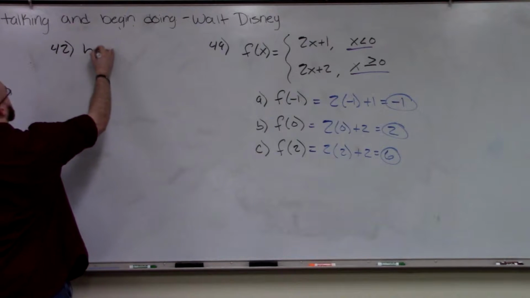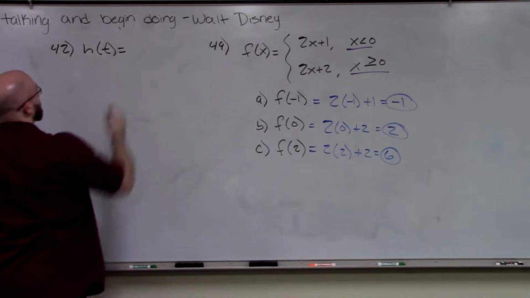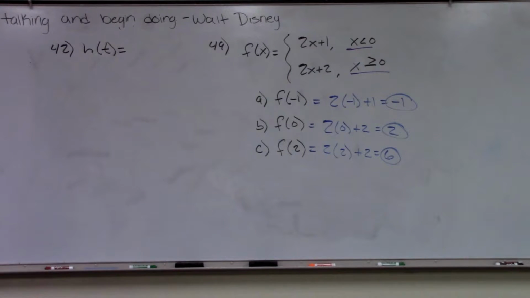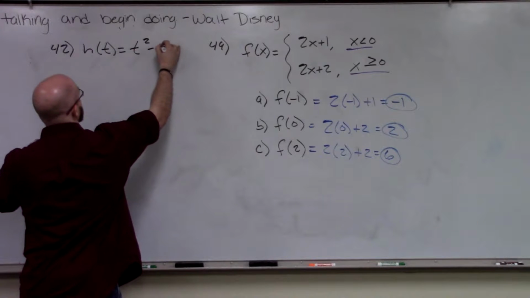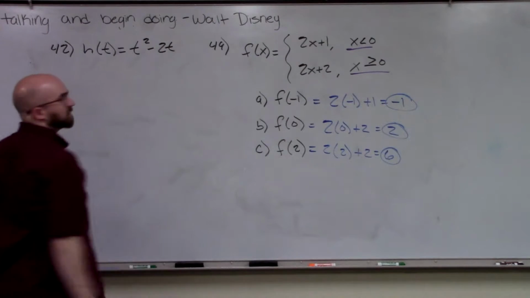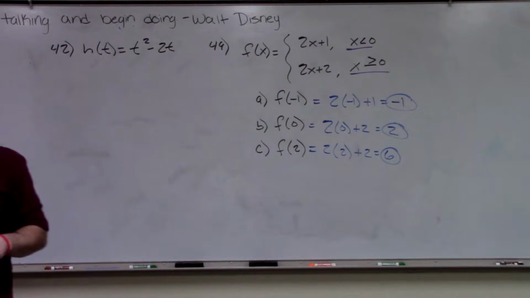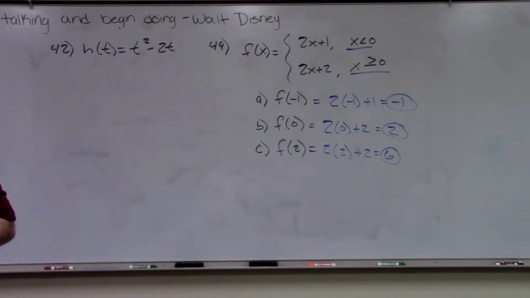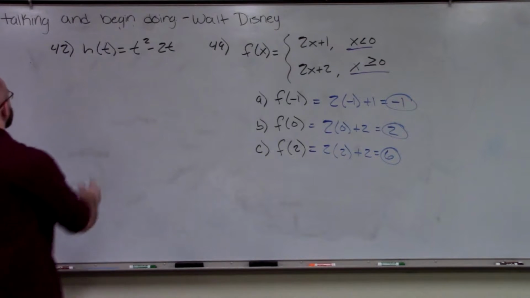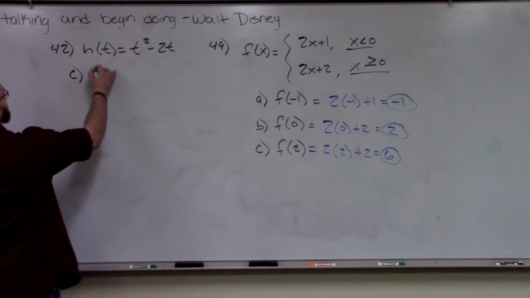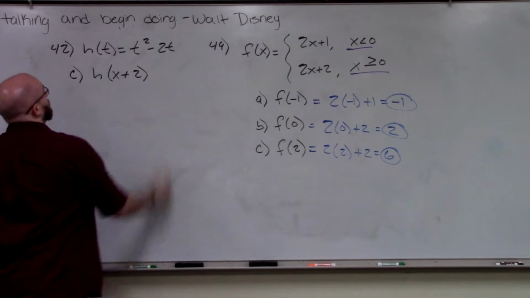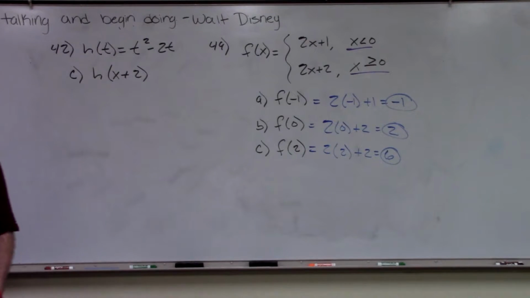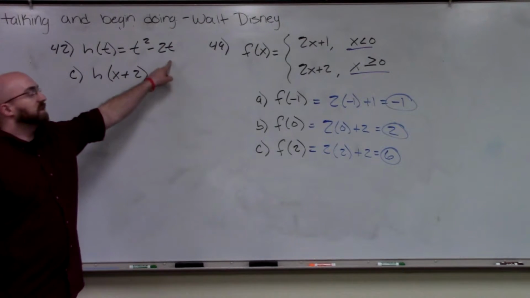It's h of t equals t squared minus 2t. So we have that, okay? Now, I'm not going to do A and B. I'm just going to do part C. Part C says h of x plus 2. So where we see x plus 2, we plug it into our t's.